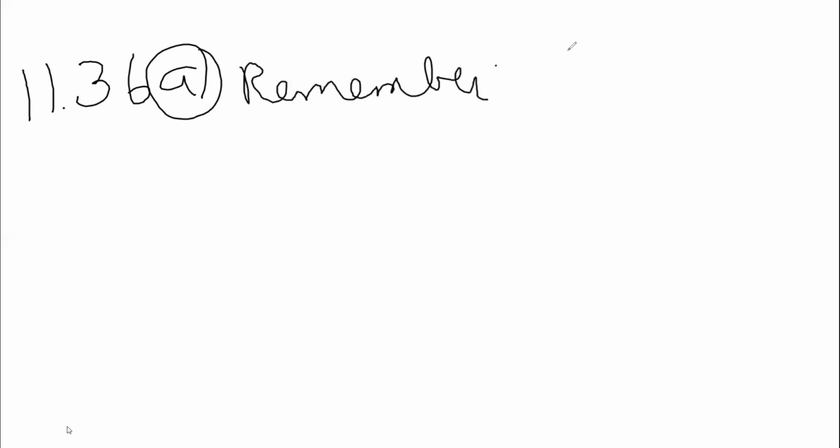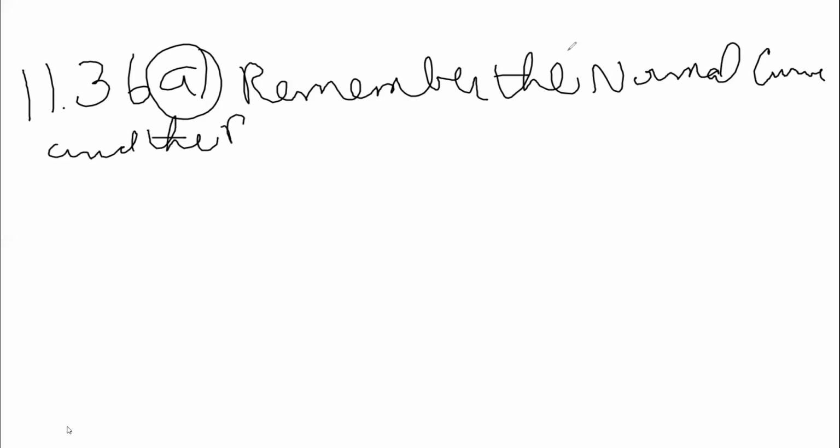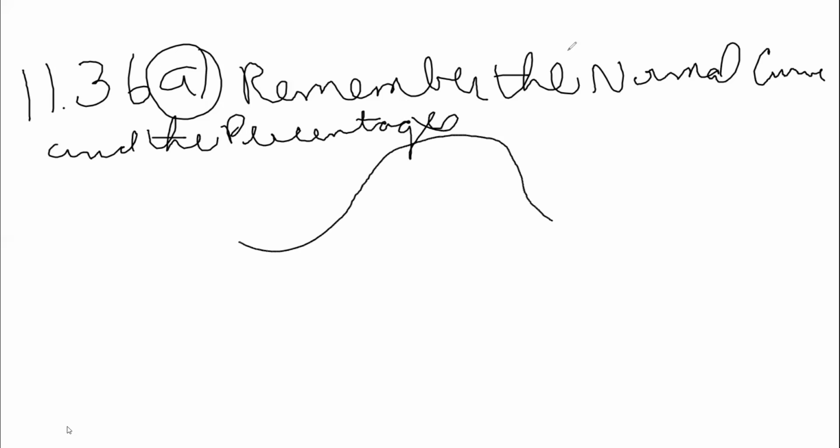This is the 68, 95, 99.7 rule. So 36A looks like this. Remember the normal curve from Chapter 3 and the percentages. We have the normal curve here, and this is where the mean goes.